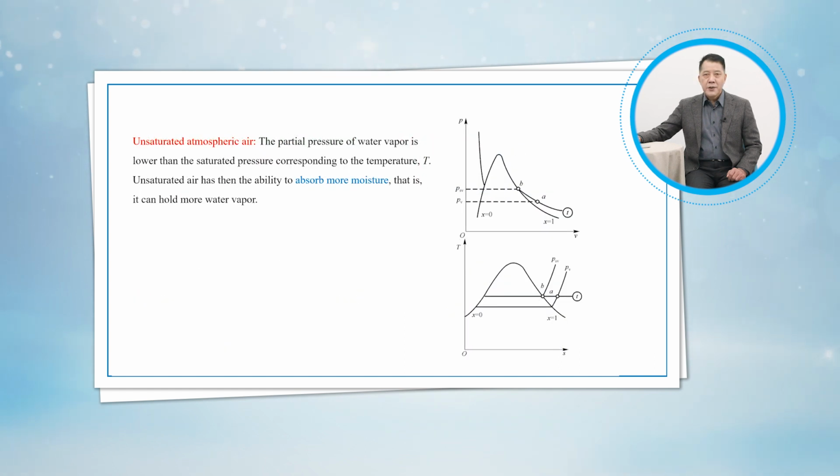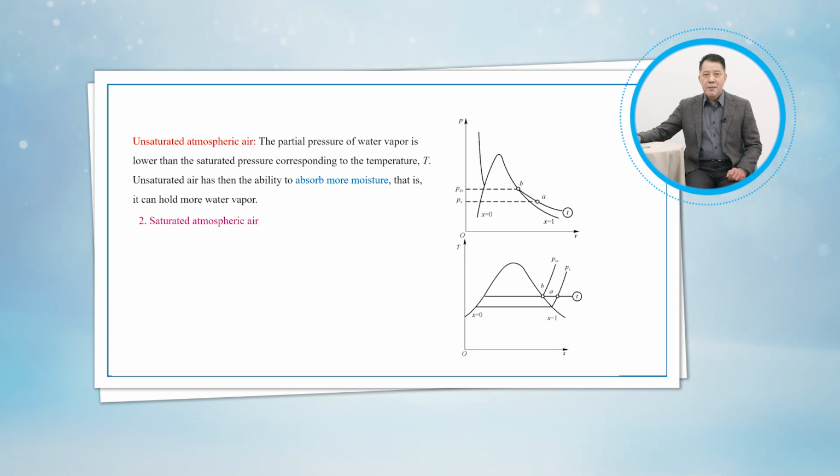For the unsaturated atmospheric air, the partial pressure of water vapor is lower than the saturation pressure corresponding to the temperature T.